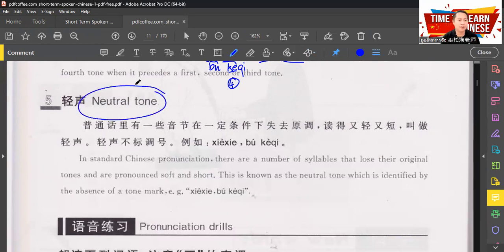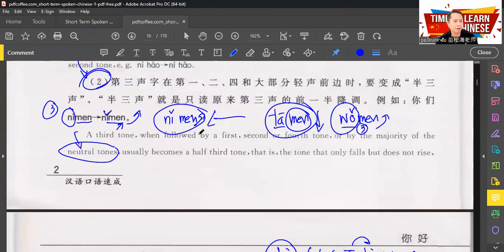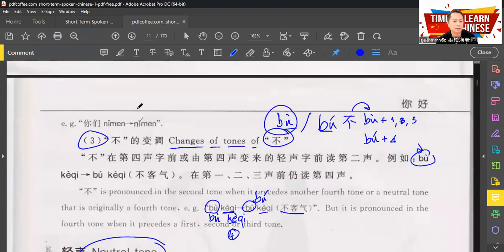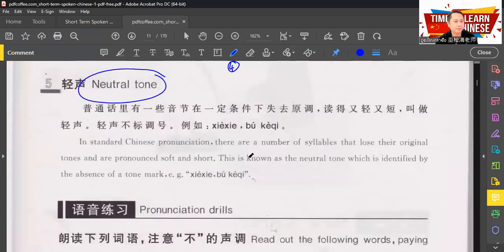Neutral tone we already studied from this, right? Neutral tone from the second part of the fourth part. And this one, they separate to be the fifth part. For example, it's also the same as I already told you.